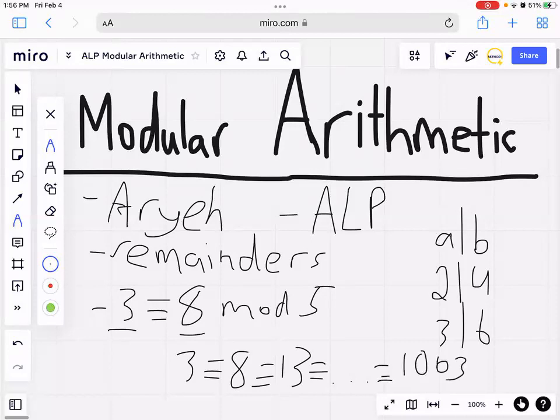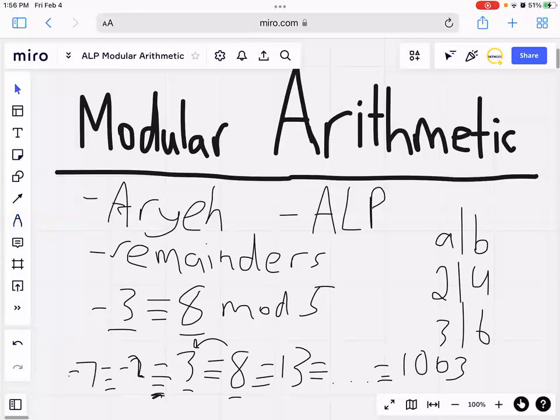They're all congruent to 3 mod 5. And we can actually go the other way as well. To get from 8 to 3, we subtract 5. Subtracting 5 from 3, we get -2 is congruent to 3 mod 5, and that's congruent to -7 mod 5, and so forth.